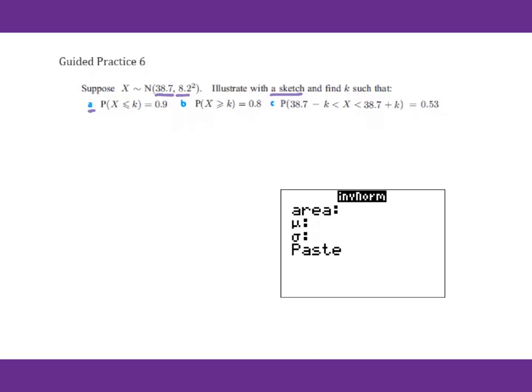Since I'm looking for this k, we need to use inverse norm in the graphing calculator. The area will be the probability, 0.9. The standard deviation is 8.2 and the mean will be 38.7. Remember, this probability you put in has to be probability x less than or equal to k.